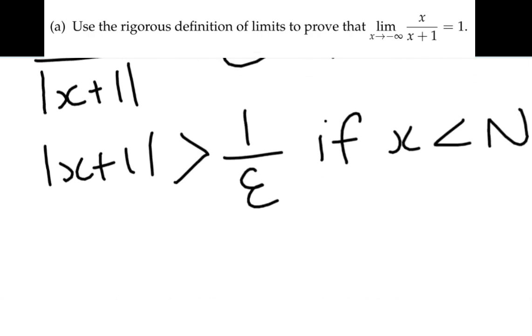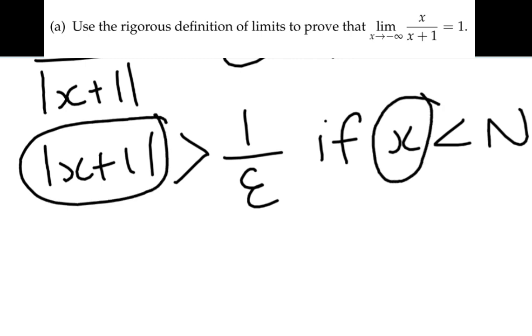Now, we want to try and get rid of this absolute value here, because we want just an x on its own. So if we go back to the limit, notice how it says x approaches negative infinity. So we are going to imagine that this x inside the absolute value is going to approach negative infinity.